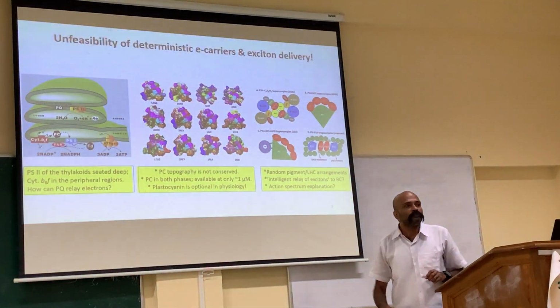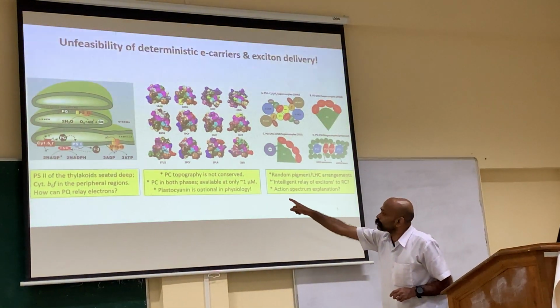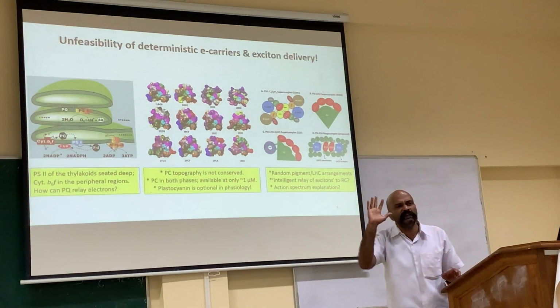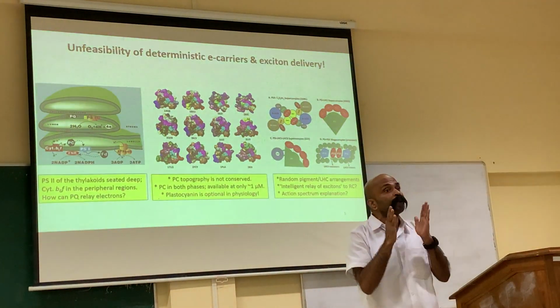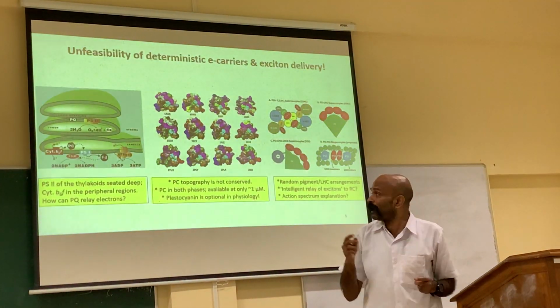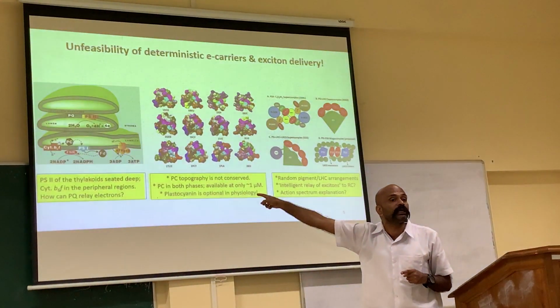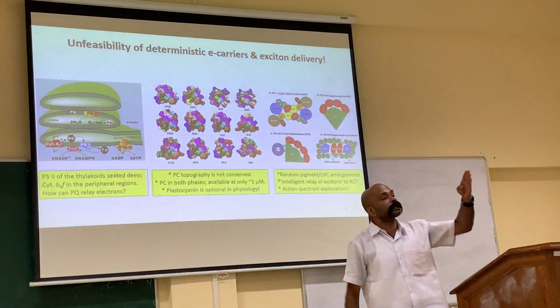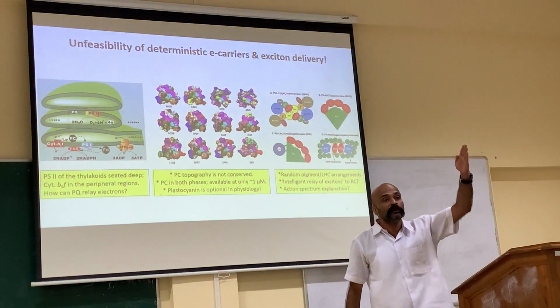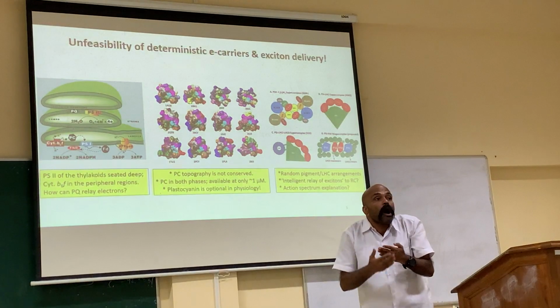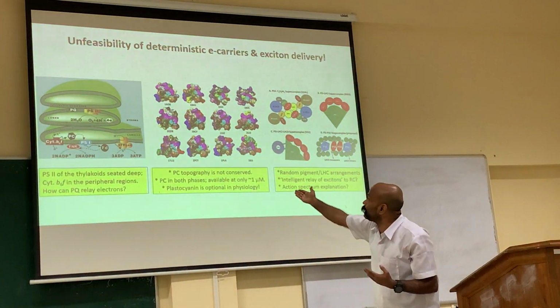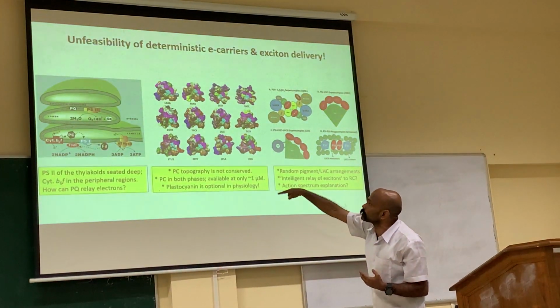Now you see, they knocked out plastocyanin in 1995 or 97, and they found that the plant works quite perfectly. So in the Z-scheme, plastocyanin is the electron transfer agent from cytochrome b6f to photosystem 1. So how can that scheme work? This is completely avoidable, and also its structure is not concerned.